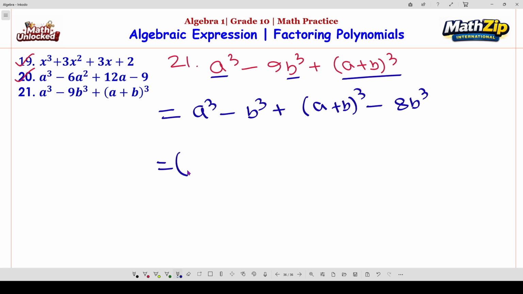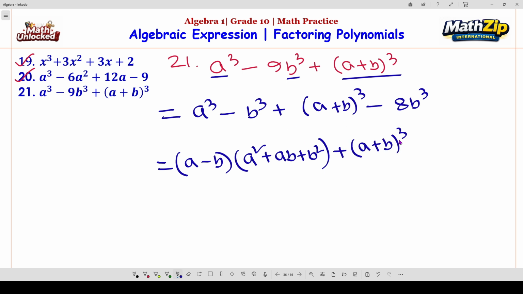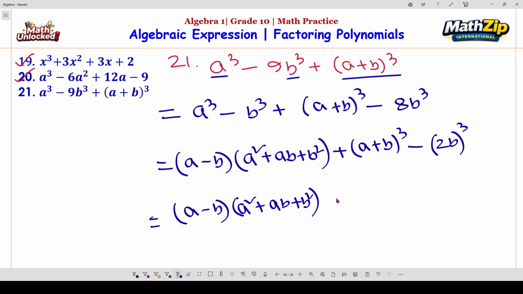Next, as per the law, a cube minus b cube equals a minus b times a square plus ab plus b square, right? And this one we can write as a plus b whole cube minus 8b cube, which is 2b cube. Okay. Next, a minus b, a square plus ab plus b square, plus this one also we can consider as a cube minus b cube.